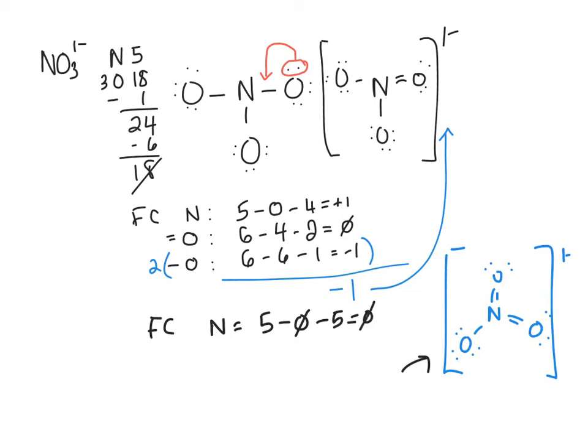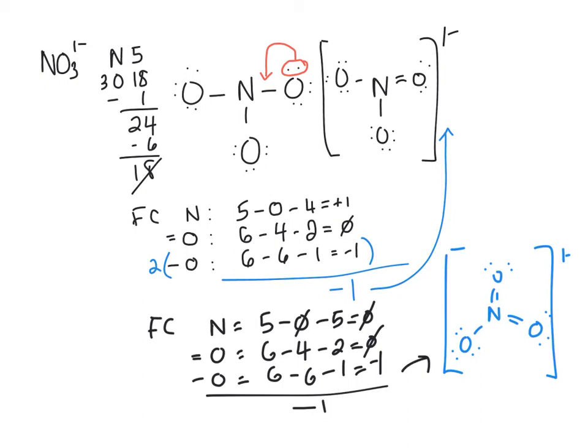So that's looking good. Double bonded oxygen. So 6 valence electrons, 4 electrons in lone pairs, 2 bonds, 0. Nice. Single bonded oxygen, 6 valence electrons, 6 electrons in lone pairs, 1 bond, -1. So this adds up to -1.